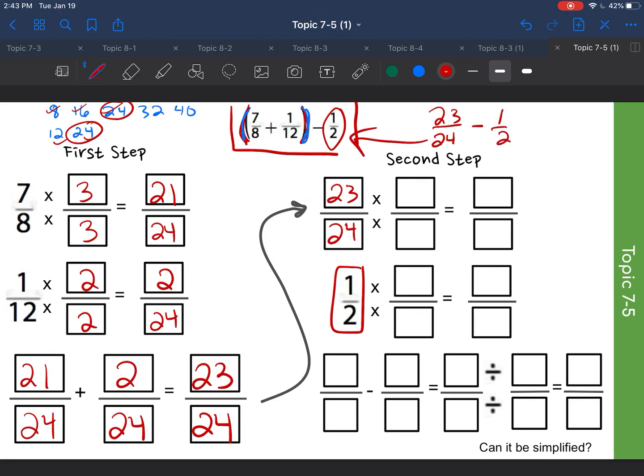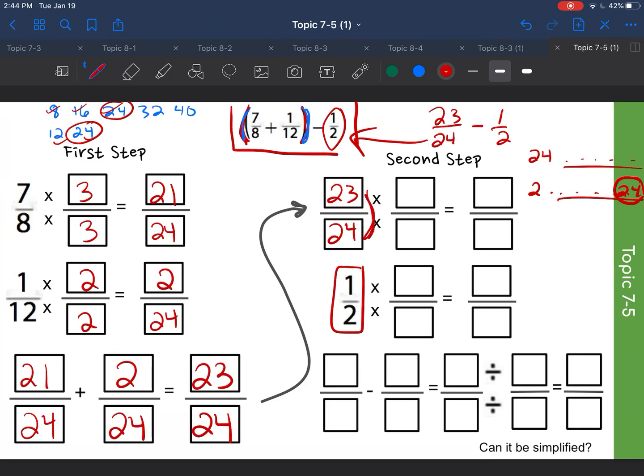And we need to find a common denominator. So if we were to find a common denominator between 24 and 2, if you list the multiples of 24 and you list the multiples of 2, what is the lowest common denominator? You would figure out that 24 is the lowest common multiple.